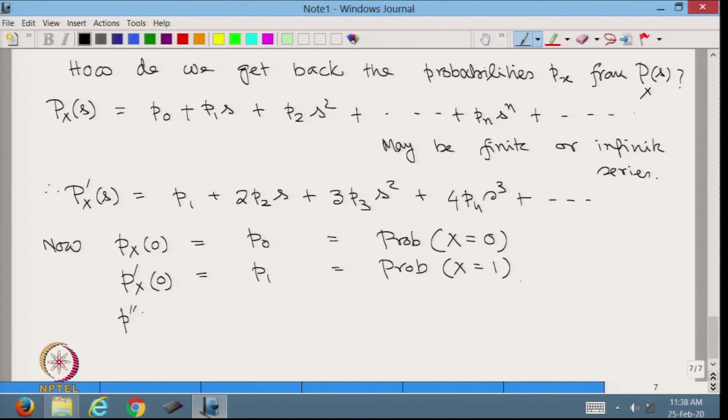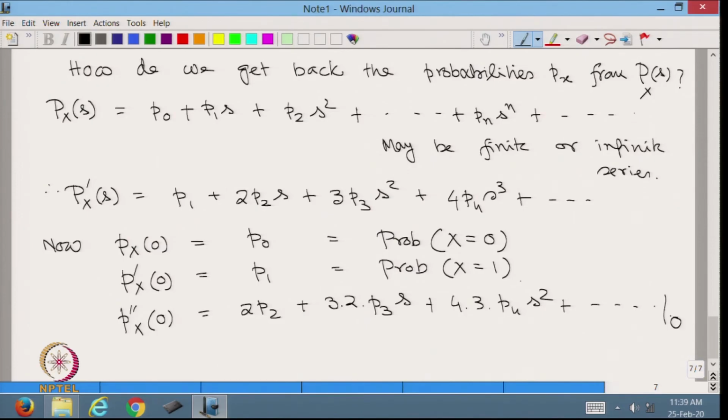P double prime x of s is equal to 2 P2 plus 3 into 2 into P3 s plus 4 into 3 into P4 s square plus etcetera.